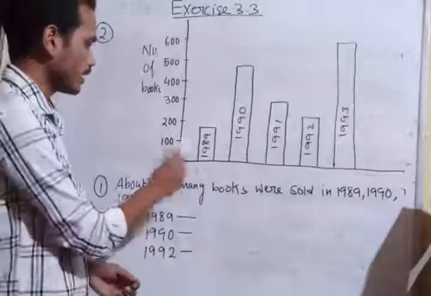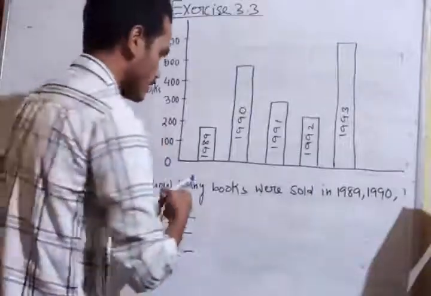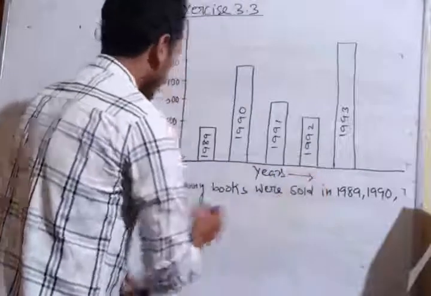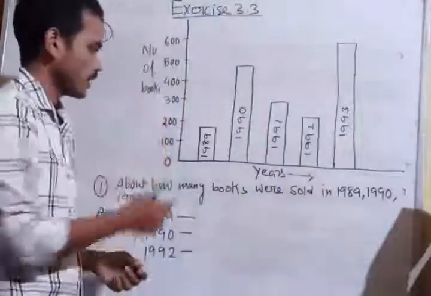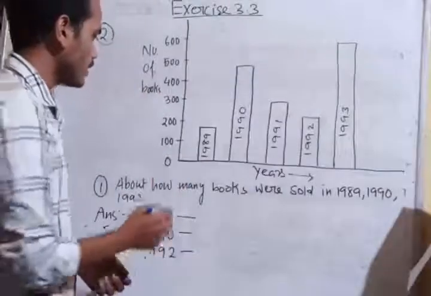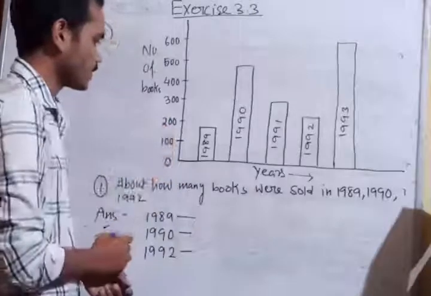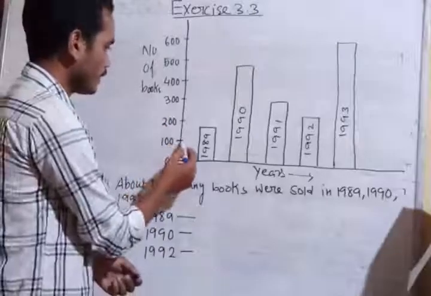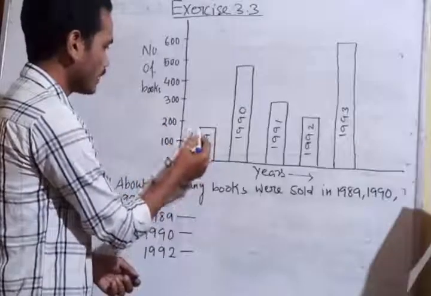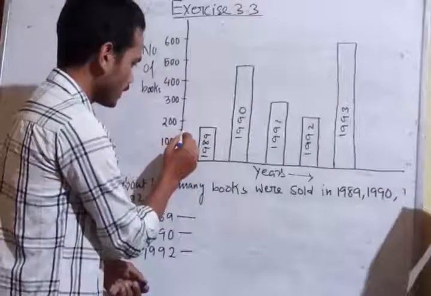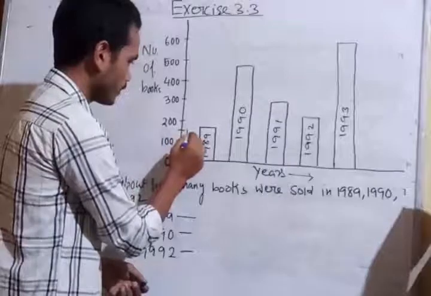Here the years are given, and here the number of books. For 1989, you can see 1 unit is equal to 100 books. This bar is more than 100 but less than 200. If you go in between 100 and 200, you will get 150.